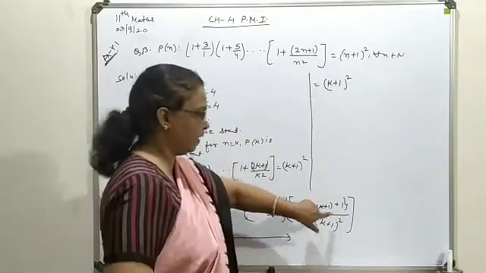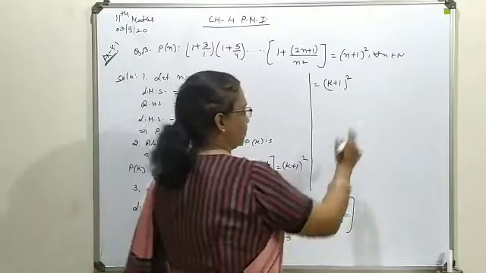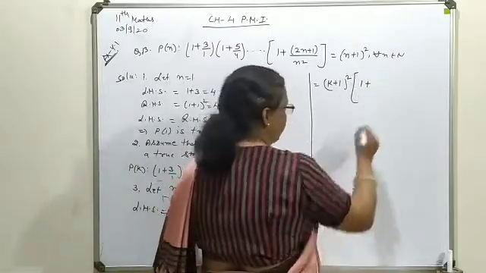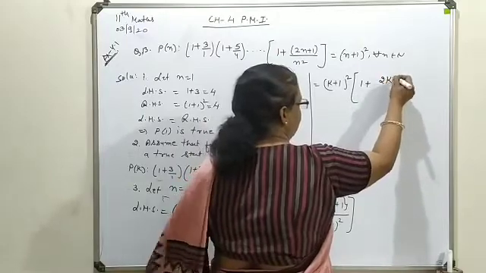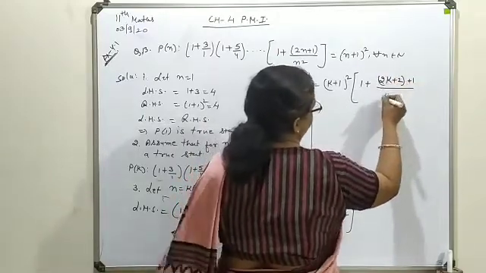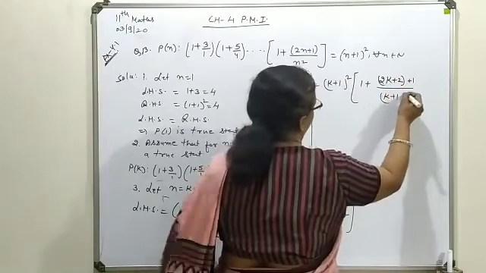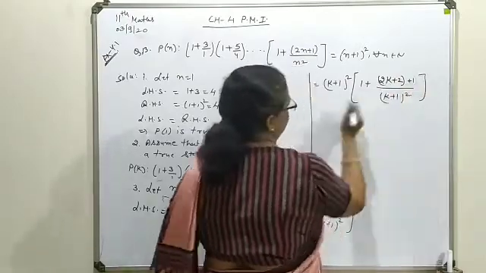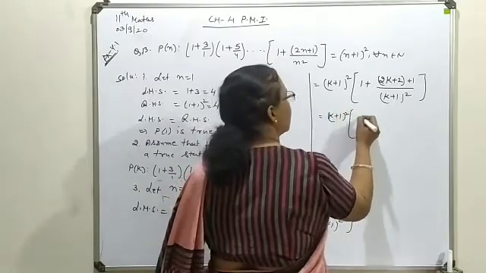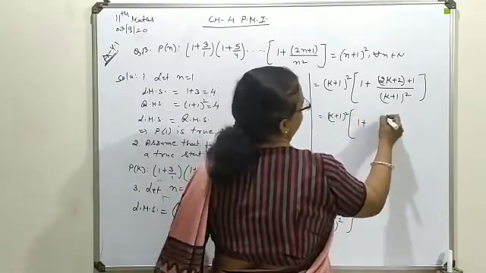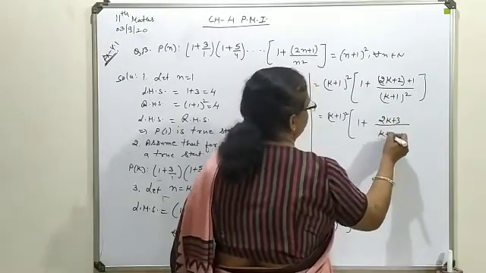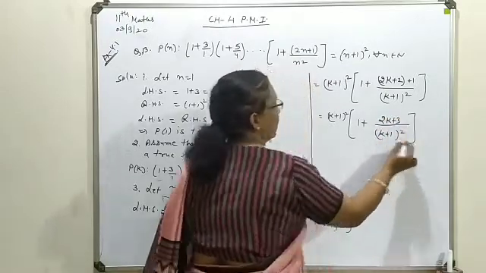Now we are trying to combine our terms: 1 plus, make it multiply, (2k plus 2 plus 1) whole by (k plus 1) whole square. So make them combined: 1 plus (2k plus 3) upon (k plus 1) whole square.